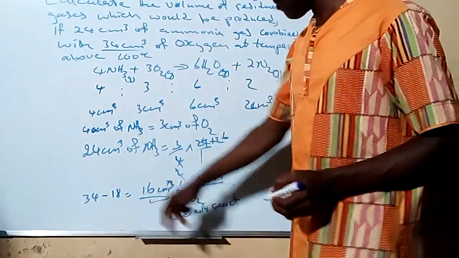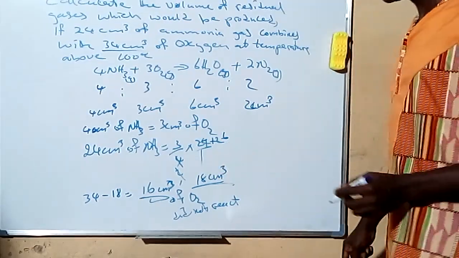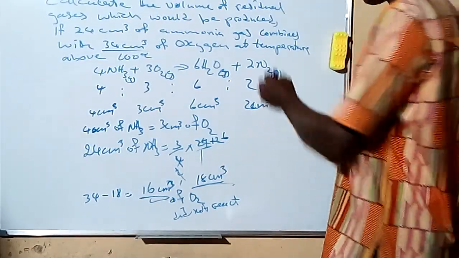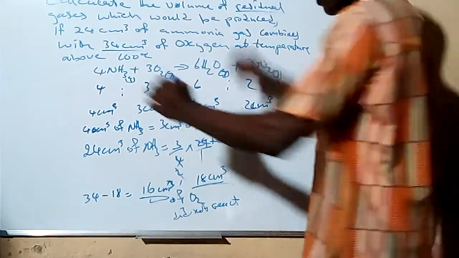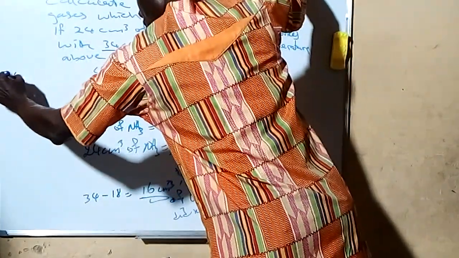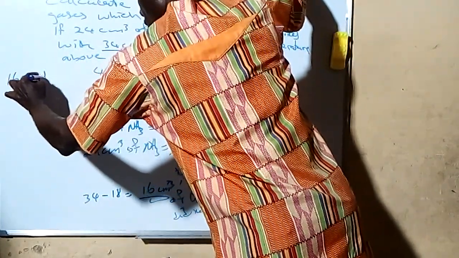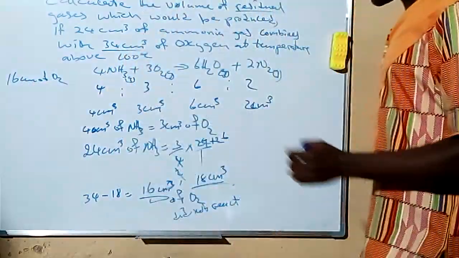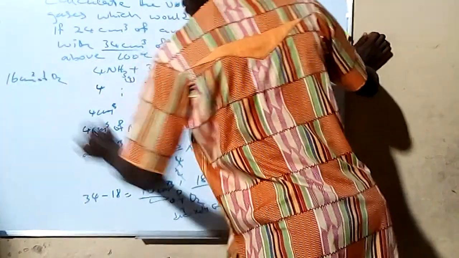So 16 cm3 of oxygen did not react. That means this 16 cm3 of oxygen is part of the residual gas we are looking for.